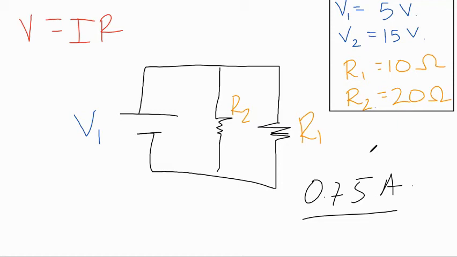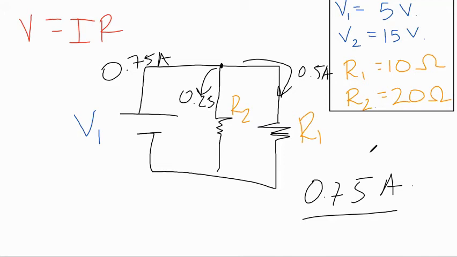So we start with the current, which is I, or 0.75 amps, right about here. Now, at this junction, these charges are just moving around at two different rates. Here, they would be moving at a rate of 0.5 amps, and here they would be moving at 0.25 amps.